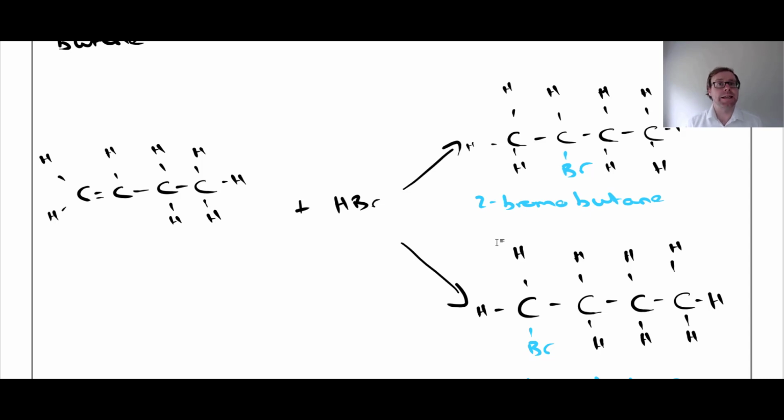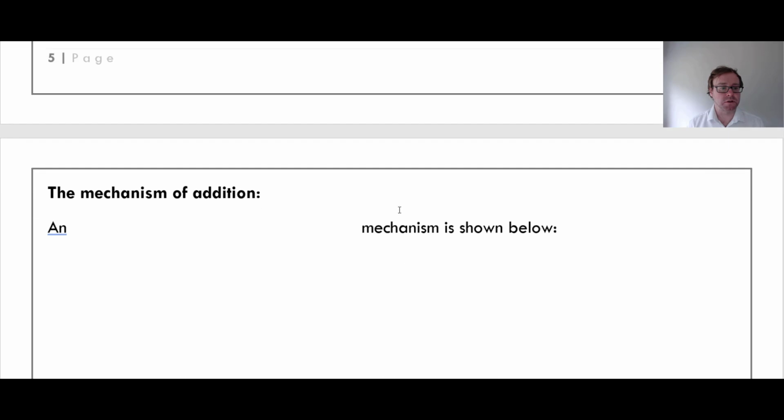We'll come on to that in a little bit, but first I want to move on to the mechanism of addition. Okay, so you need to be able to draw this off by heart. So this is a mechanism reaction.